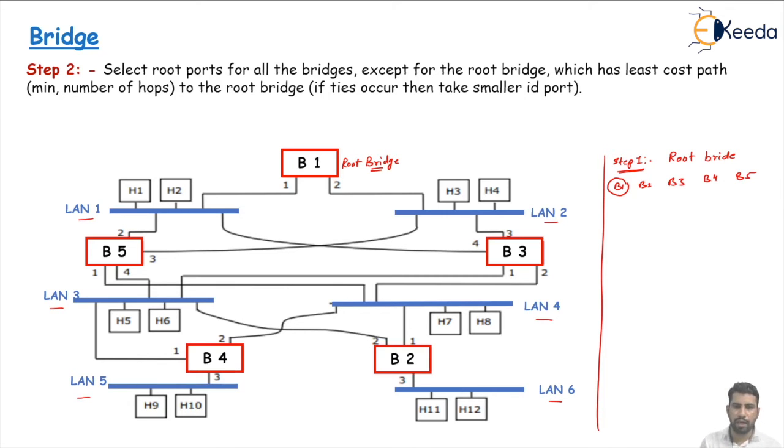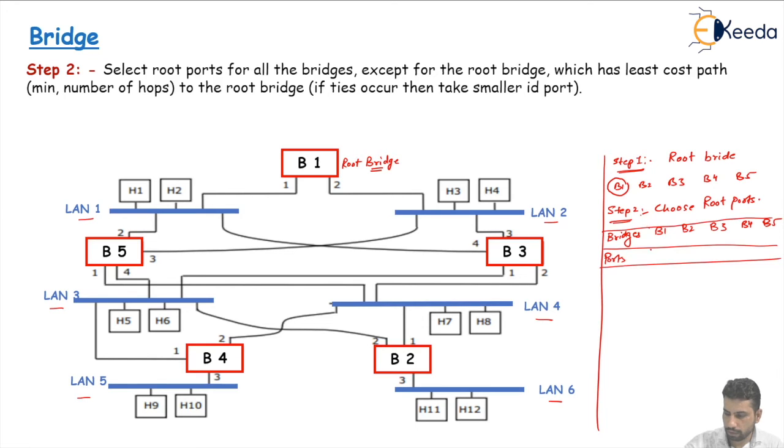If a tie occurs, we will take the smaller ID port. So step number 2 says we will choose root ports for the corresponding bridges B1, B2, B3, B4 and B5.